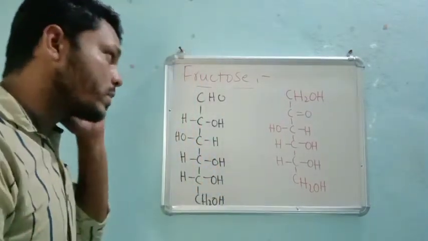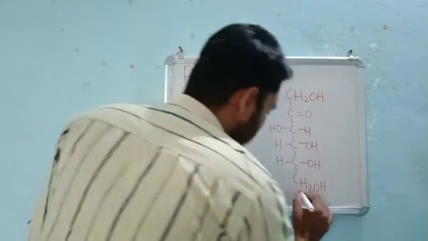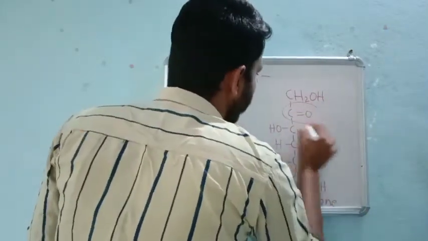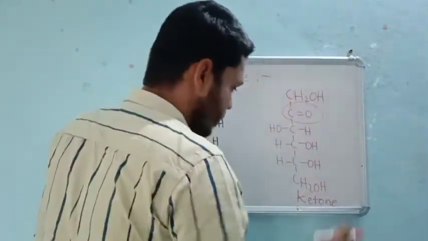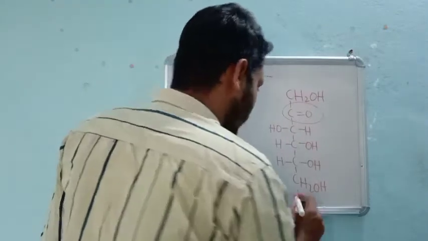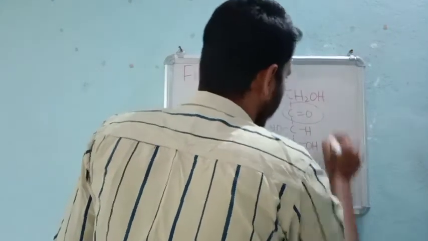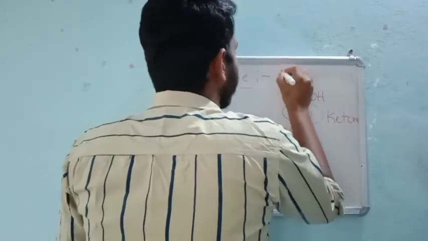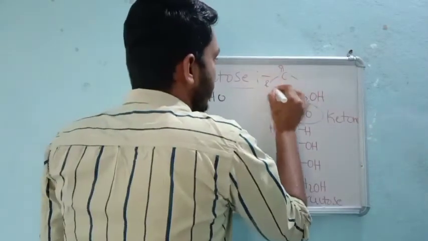Now see here what I said. If it is fructose, then there will be a ketone as the functional group. What is a ketone? I have already explained.